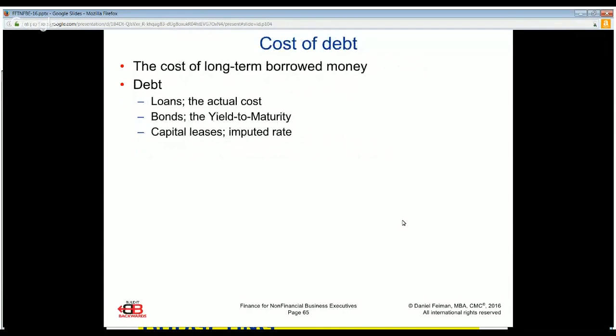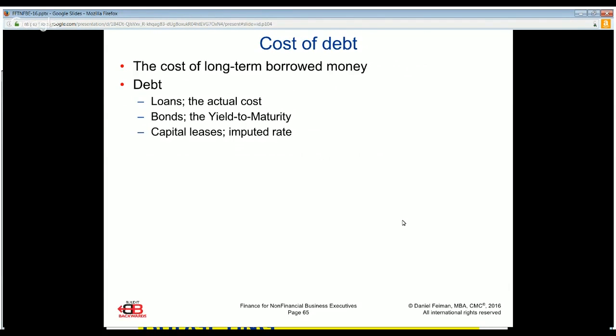On the debt side, much easier, much more straightforward to calculate. Our long-term borrowed money is always made up, first of all, of bank loans. Every organization borrows from banks. Now, most of these loans are going to be 5 years or less. They are to finance our short to medium-term capital assets.